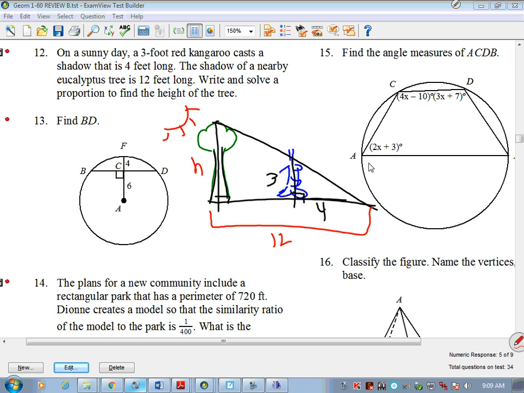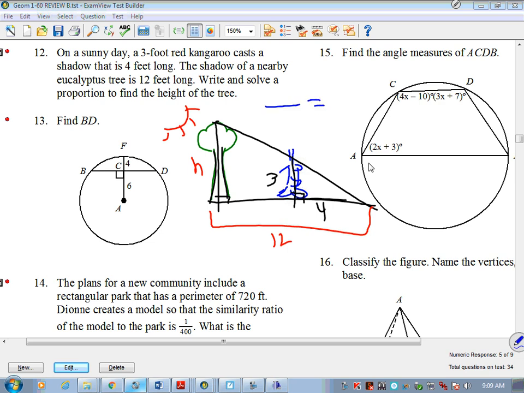Okay, they're basically just wanting you to set up a proportion first, so you could do tree height over kangaroo height is equal to tree shadow over kangaroo shadow. In the end, we want to be able to solve.